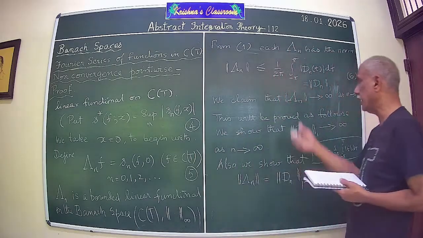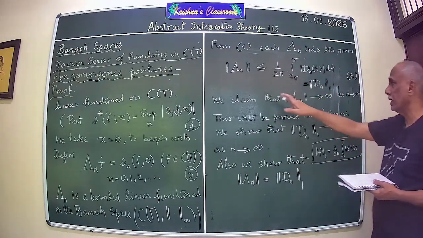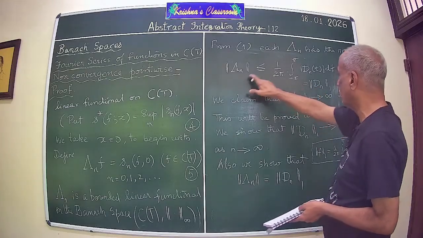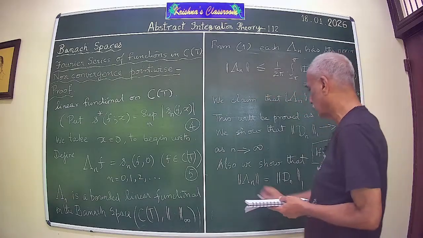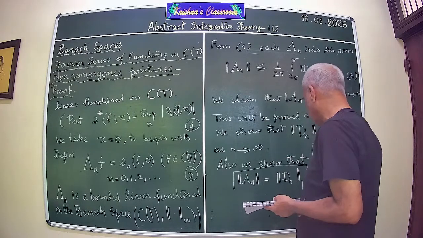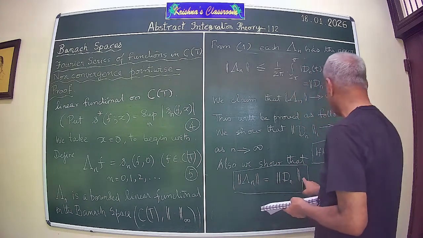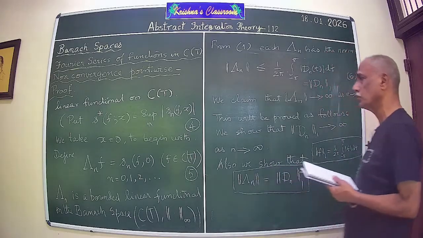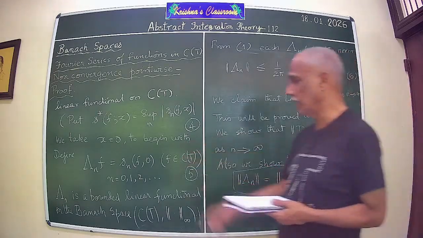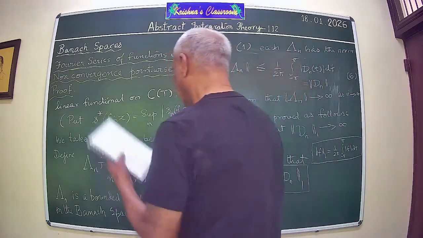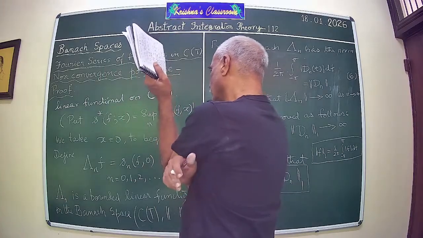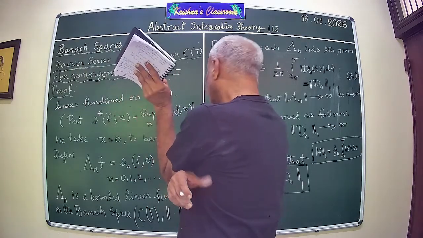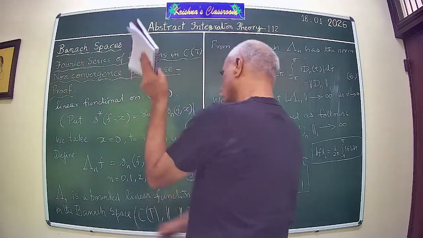And that is the equality. See, here it is an inequality in 6, and we show that actually this is an equality. So this is the crucial part. Once we prove that and show that this goes to infinity, automatically norm lambda n goes to infinity, and we can apply the Banach-Steinhaus theorem at this stage and draw the appropriate conclusions. We will do that.